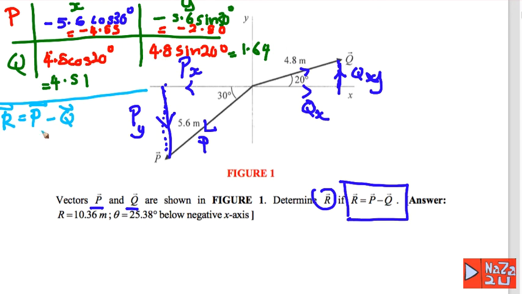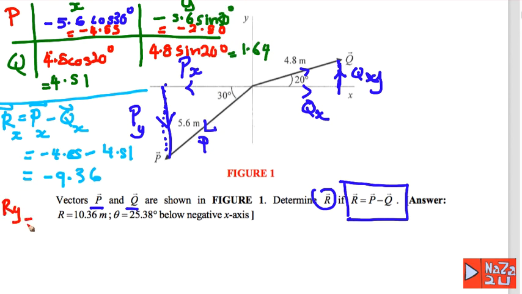So you can find the value of R, vector P minus vector Q. Rx is Px minus Qx, equal to minus 4.85 minus 4.51, which is equal to minus 9.36.